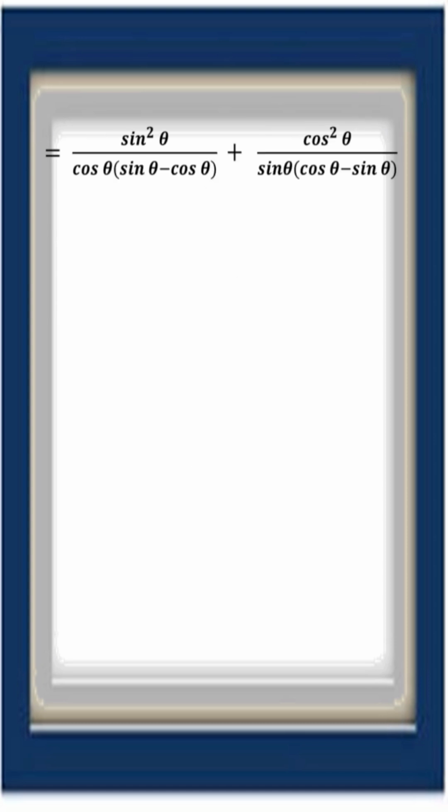So now we have sin square theta upon cos theta into sin theta minus cos theta, plus cos square theta upon sin theta into cos theta minus sin theta.